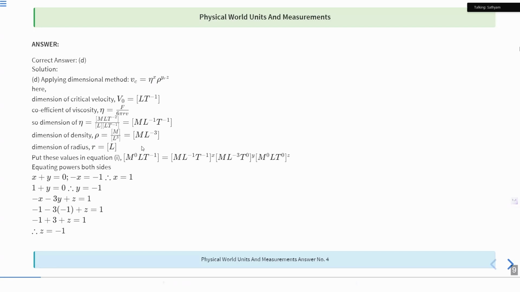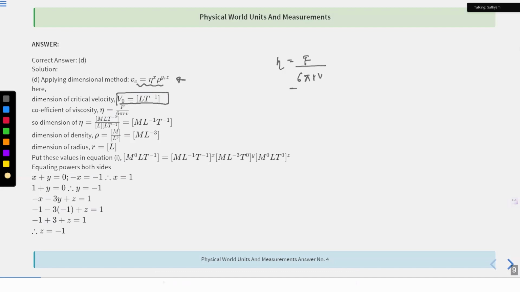We will be applying the dimensionality method. Vc is equal to eta^x rho^y r^z. This is the dimensional formula of critical velocity. Now we know that the coefficient of viscosity eta is F upon 6 pi r v.